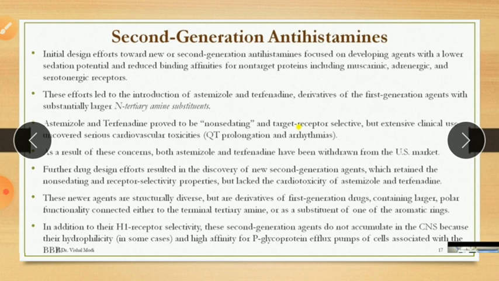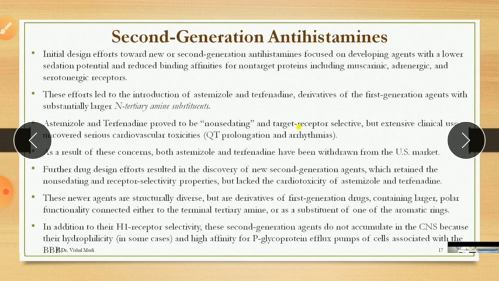So this second generation was developed to reduce the side effect of first generation, that is sedation, and the targeting of other receptors like muscarinic, adrenergic, etc.